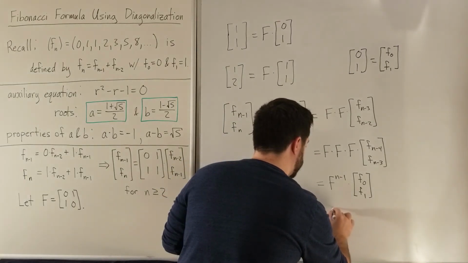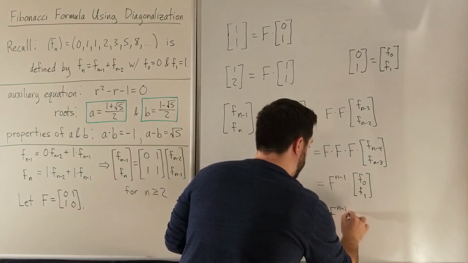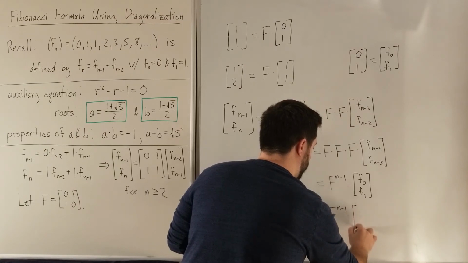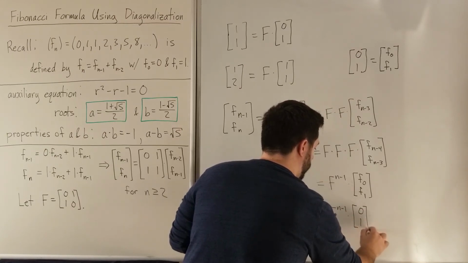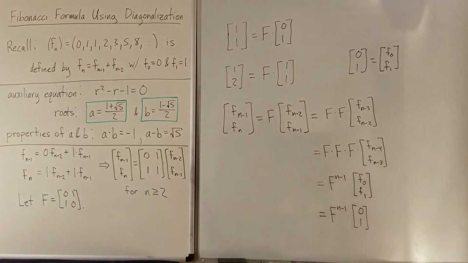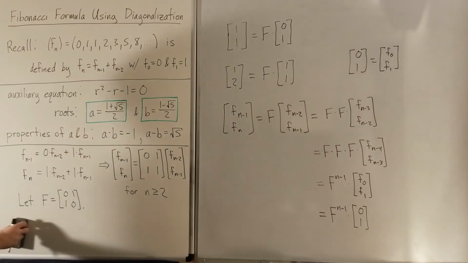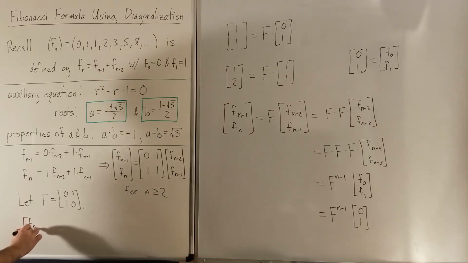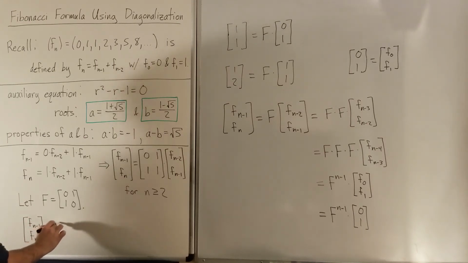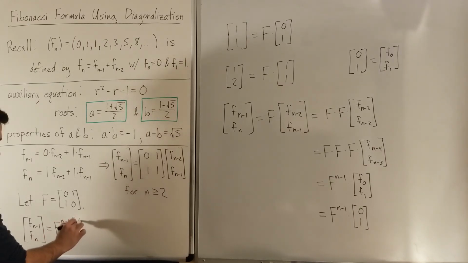All right, and just to note, this is the same thing as writing this. Okay, so I'm going to record that information right here. F sub n minus 1, F sub n is equal to the matrix F raised to the power n minus 1 times the vector 0, 1.